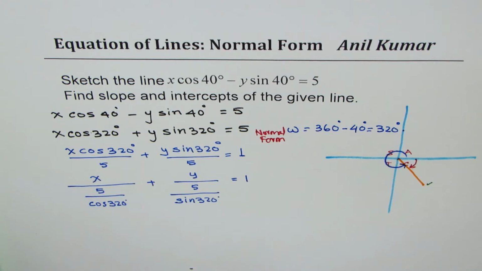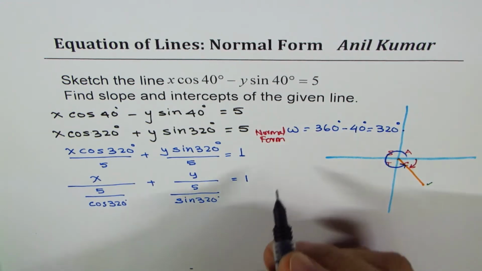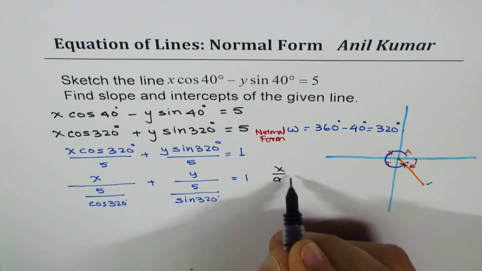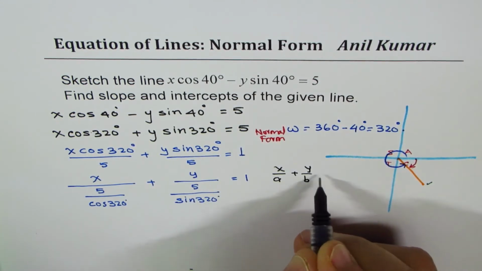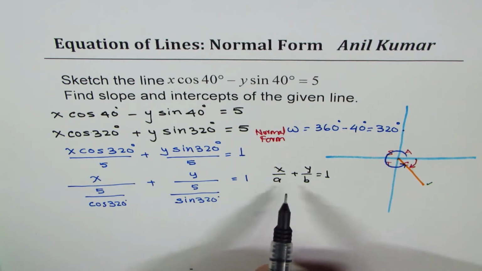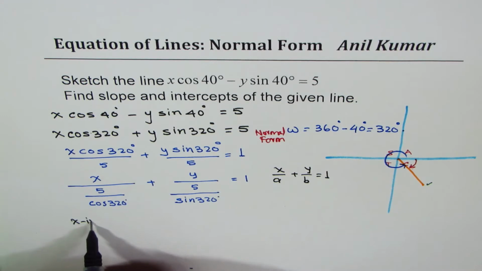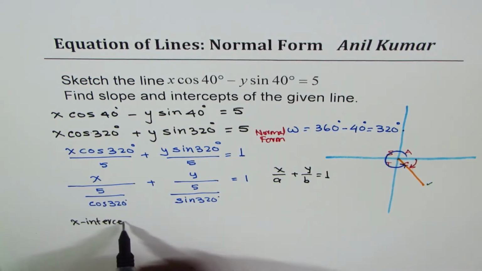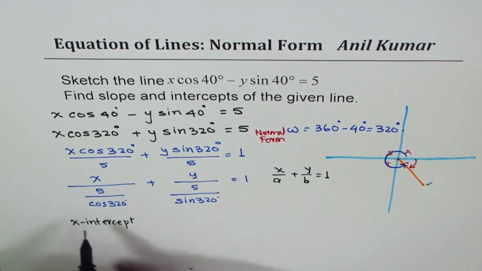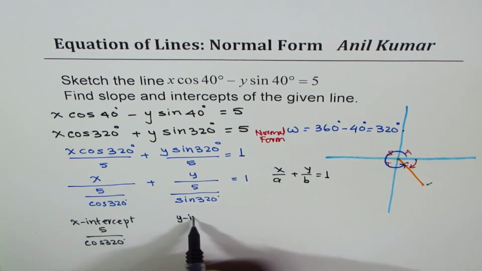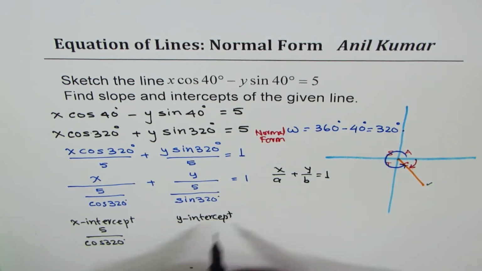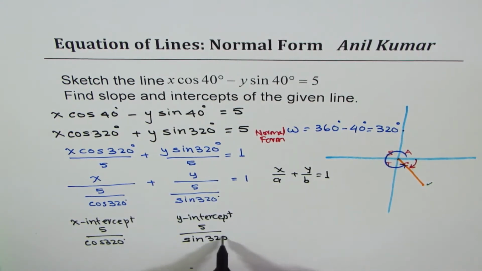Now the intercept form, as you know, is x over a plus y over b equals 1. So if you compare, you get the x and y intercepts. The x-intercept will be 5 over cos of 320 degrees, and the y-intercept is 5 over sin of 320 degrees.